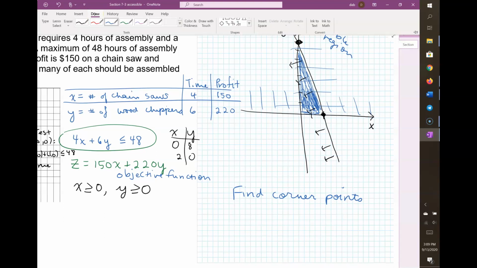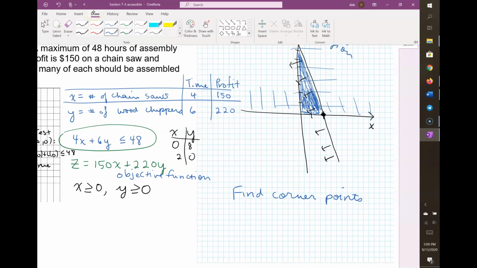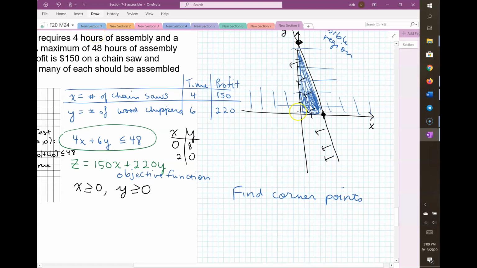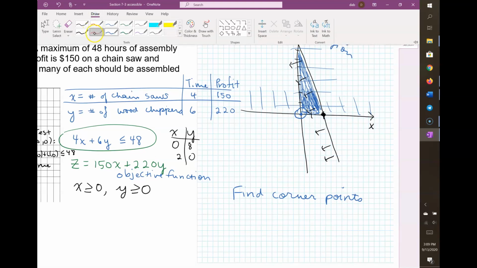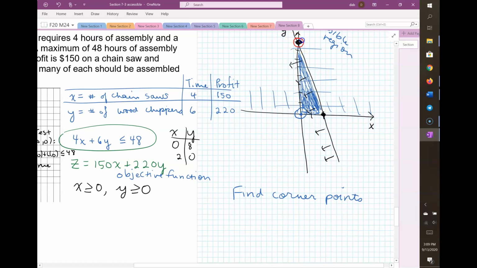So for this feasible region, the corner points are here, 0, 0. Up here, the y-intercept, and here, the x-intercept. So the y-intercept was 0, 8.